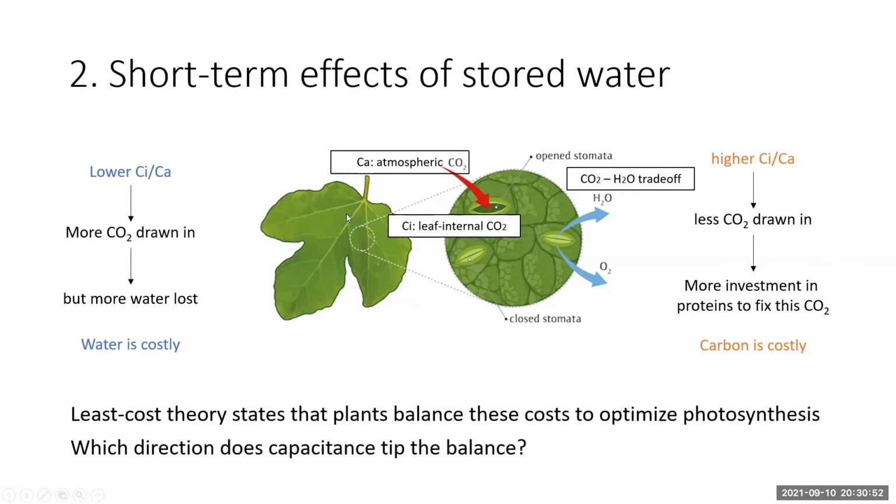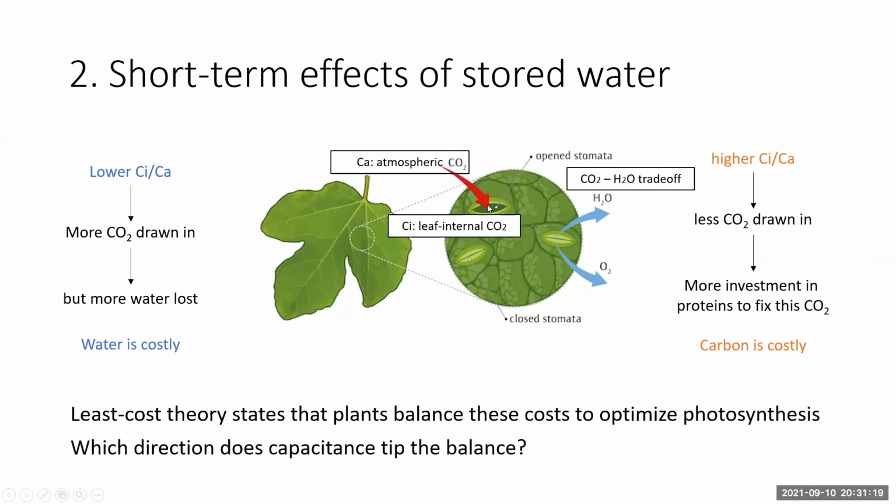So this ratio of Ci, which is the internal carbon dioxide, to the Ca, which is the atmospheric or ambient carbon dioxide, can tell us a couple of things. So for example, if there's a low Ci/Ca ratio value, it means that more carbon dioxide is being drawn in, right? Because the internal CO2 is going down, which means more and more carbon dioxide is being drawn in by the leaf.